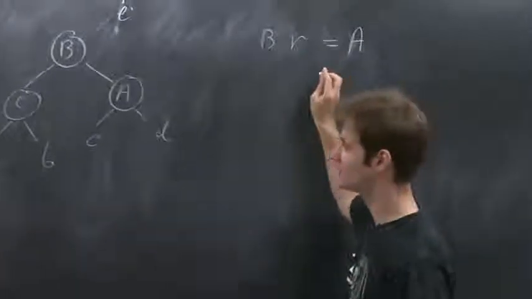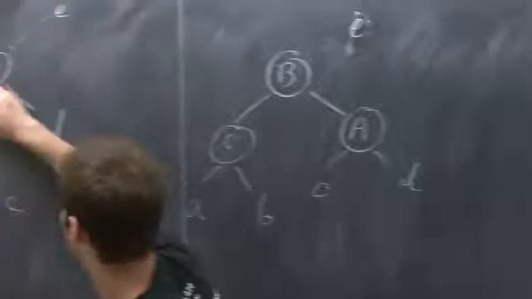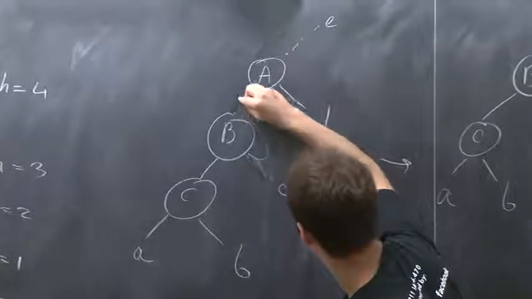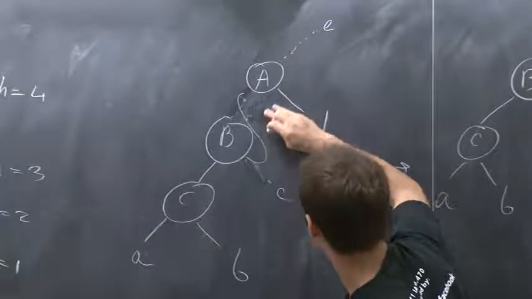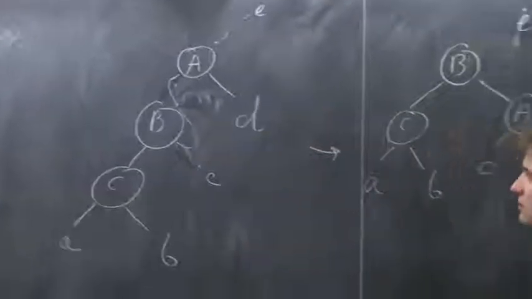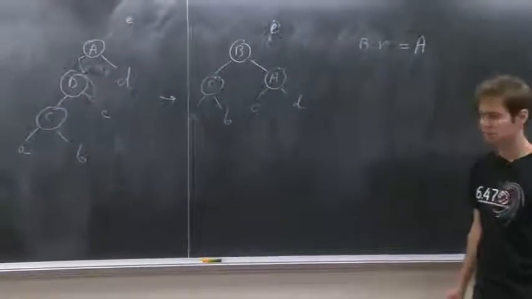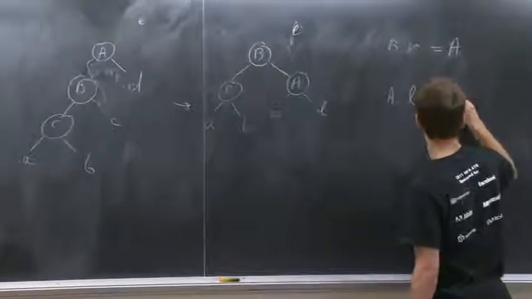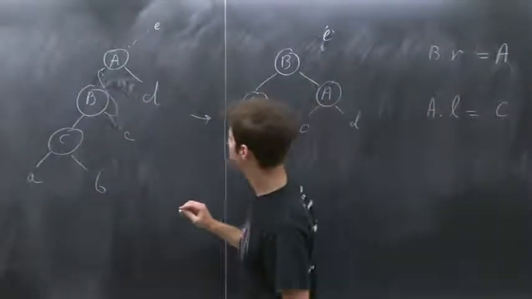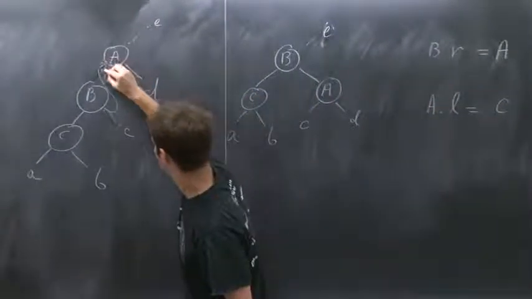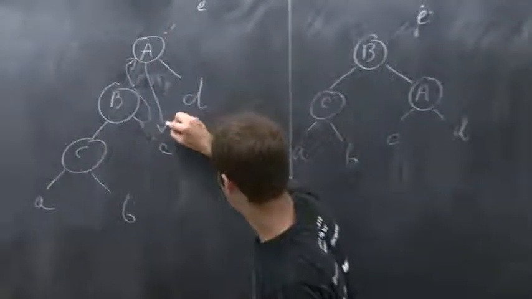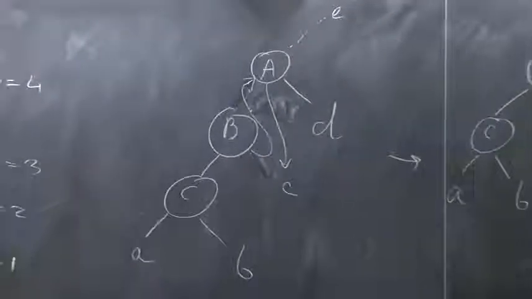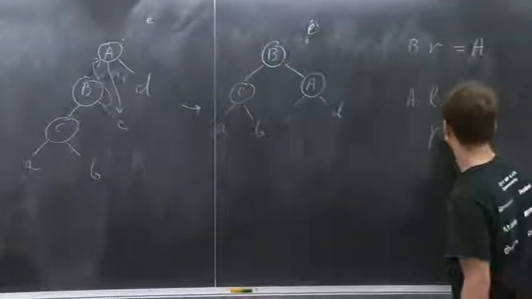So B's right becomes A. Let me erase this confusing arrow. And A's left child is C. And C's parent is A. Okay, very good.